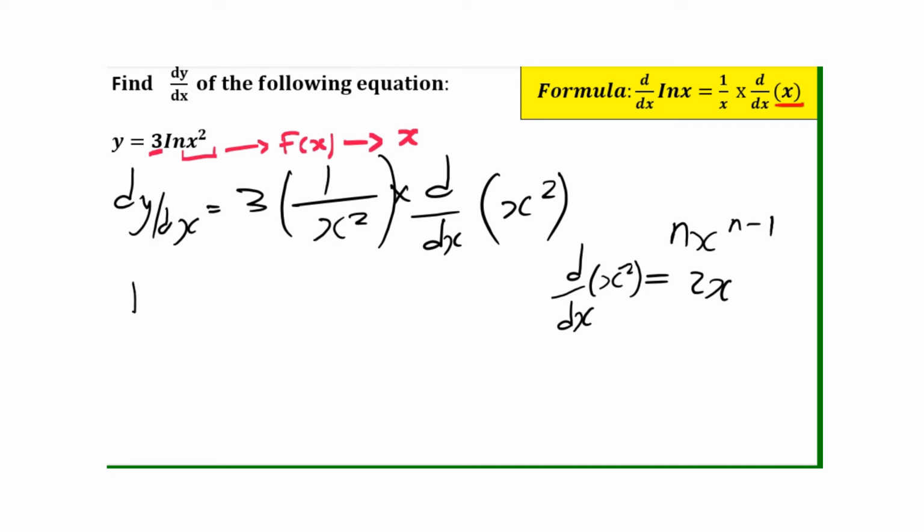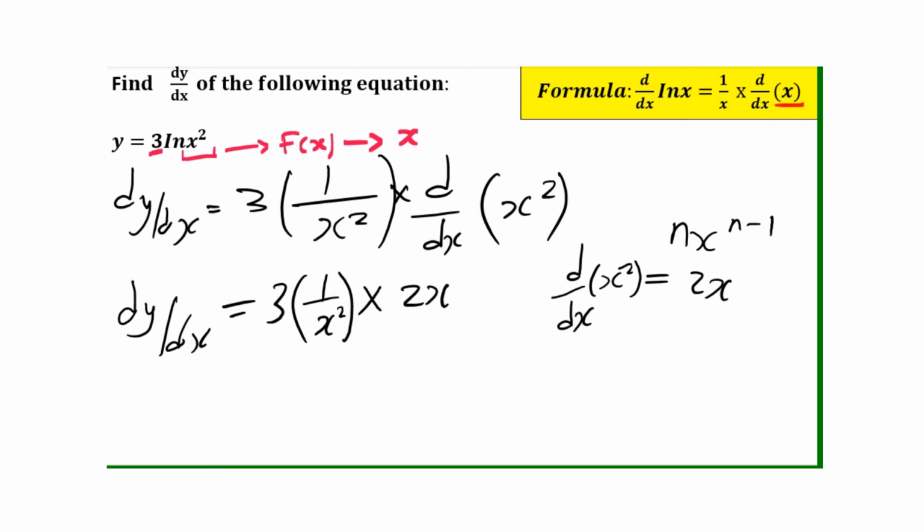So you're gonna go back to your original equation, dy over dx equals 3 into 1 over x squared multiplied by 2x. So you can simply say your answer is 6x over x squared. You multiply this 2x with 3 because they're outside the brackets, into 1 over x squared.